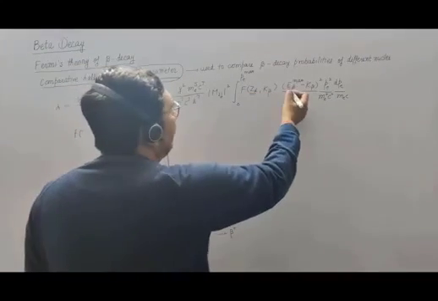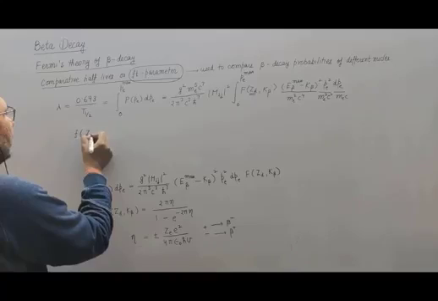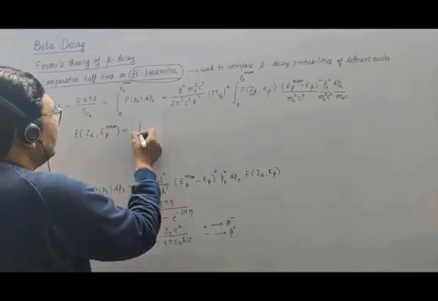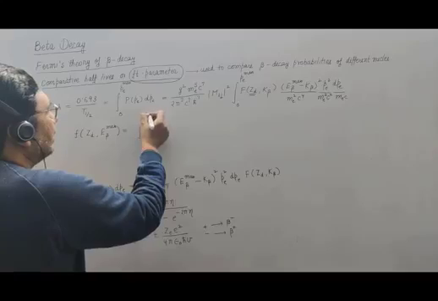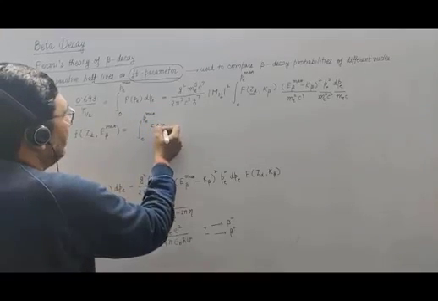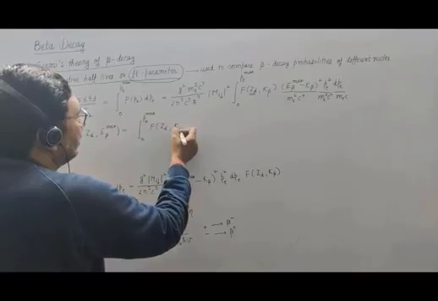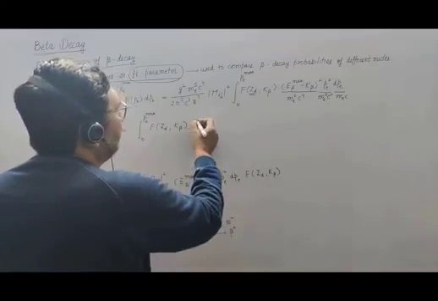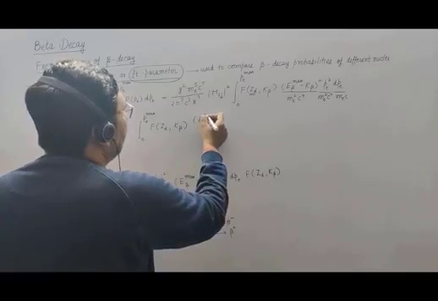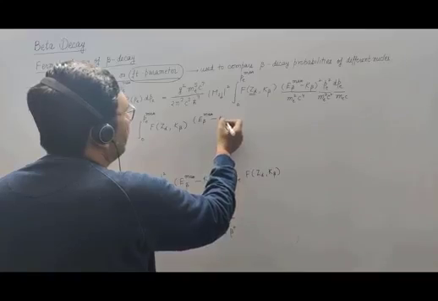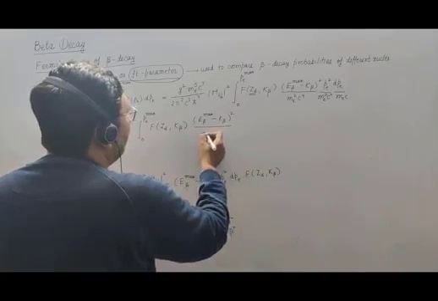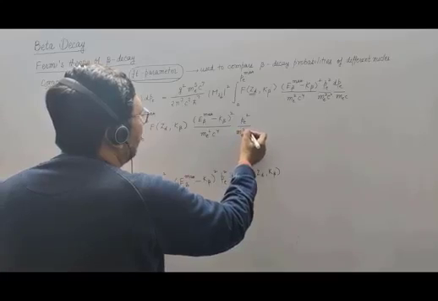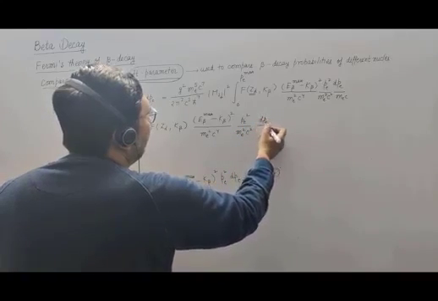After integration, F will be a function of Z_D and E beta maximum, and its value will be the integration from 0 to P_e max of F(Z_D, K beta), times E beta maximum minus K beta, squared, divided by m_e square c to the power 4, times P_e square upon m_e square c square, times dP_e by m_e c.